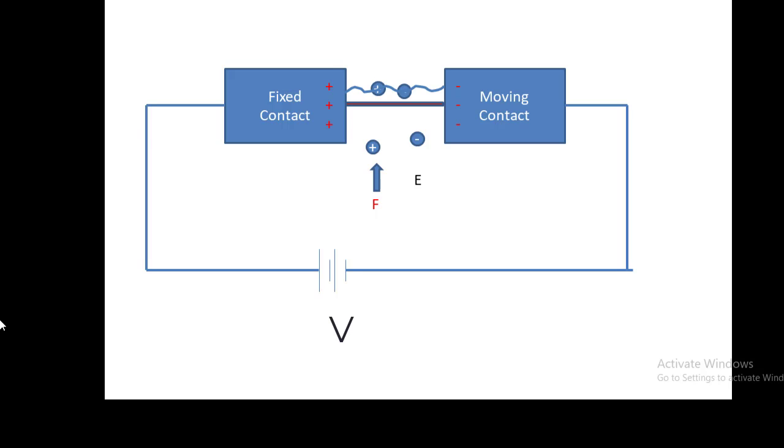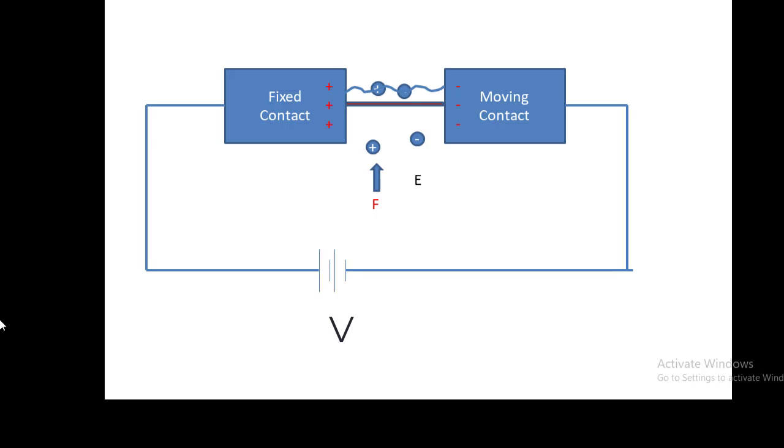And also we know that the electrical field equals V by D, where V equals the voltage across the contacts and D equals the distance between the contacts. If the electrical field increases, the voltage also increases.